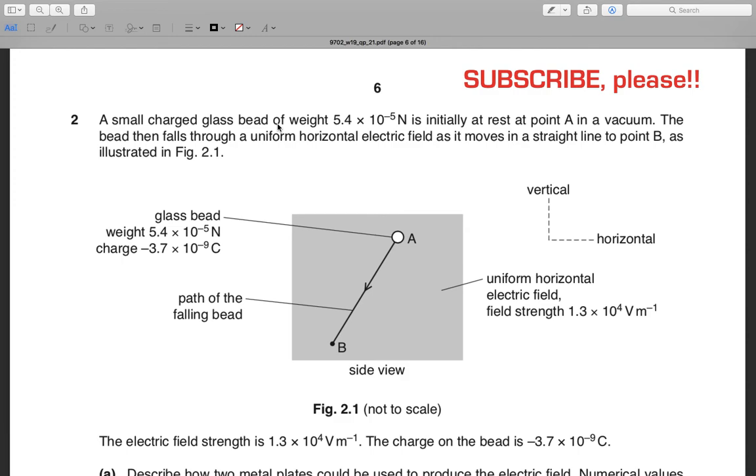The bead then falls through a uniform horizontal electric field as it moves in a straight line to point B, as illustrated in figure 2.1. We can see the diagram here. I will read what the diagram is first.